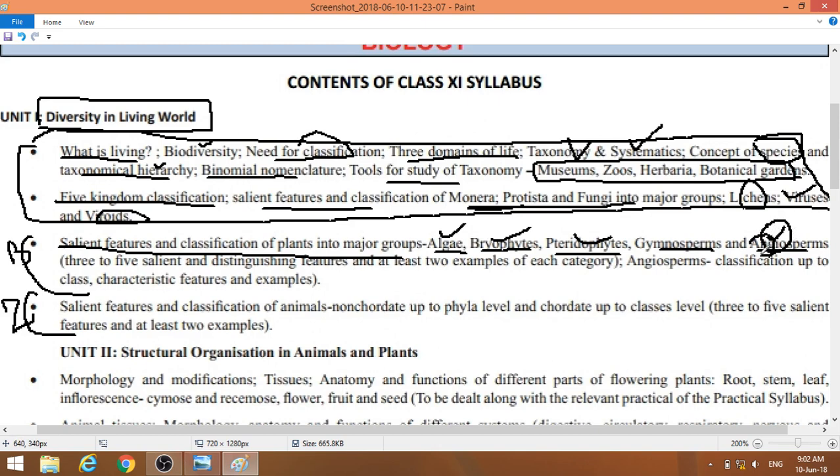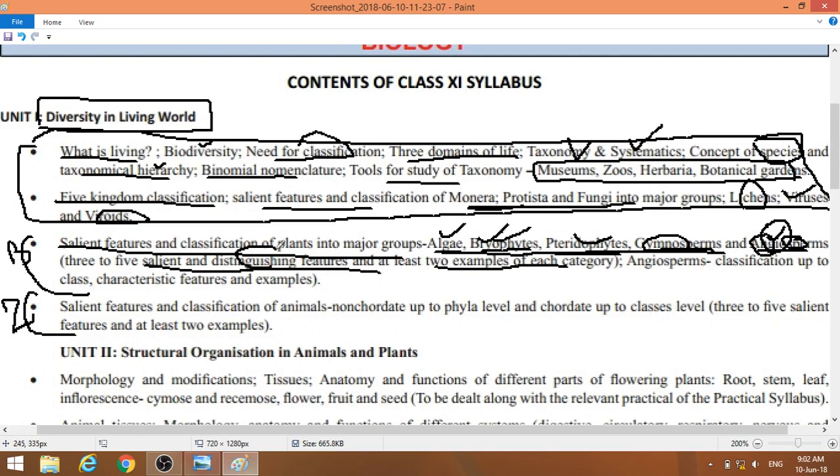Angio means fruit bearing. It exactly means the seed is enclosed within a fruit. Gymno means naked seeds. There is no fruit. These are primitive plants. So you have to study all of them. The important thing is that you have to study 3 to 5 salient and distinguishing features of each, with 2 examples.